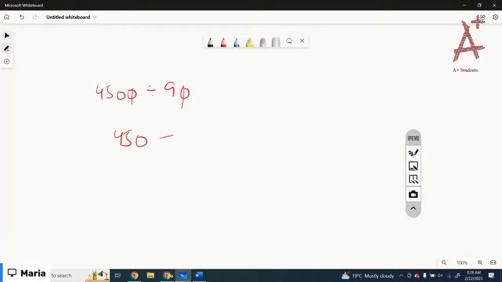You are left with 450 divided by 9. So just divide the non-zero numbers. 45 divided by 9 is, 9 times 5 is 45, and here you have just 1 zero. So the answer is 50. Got it? The correct option is 50.